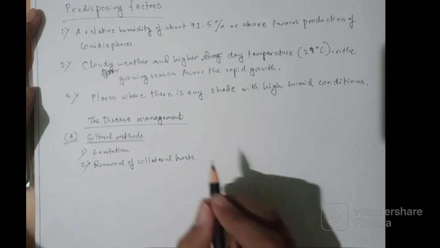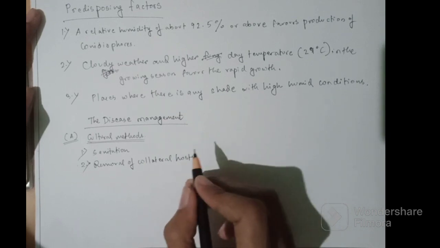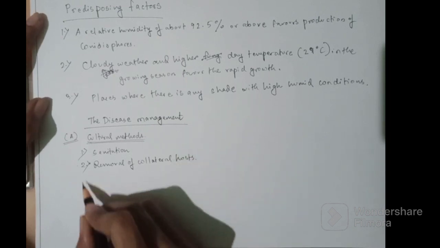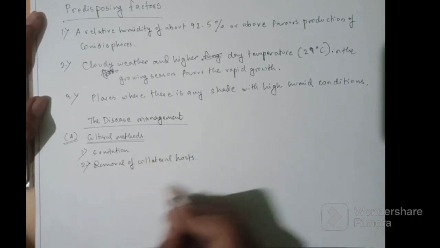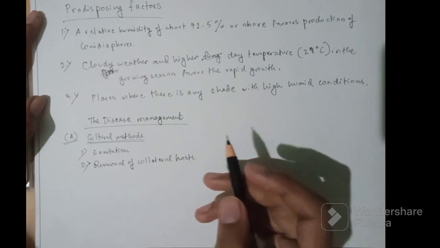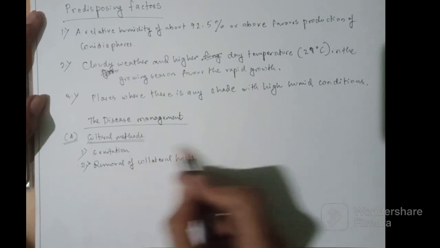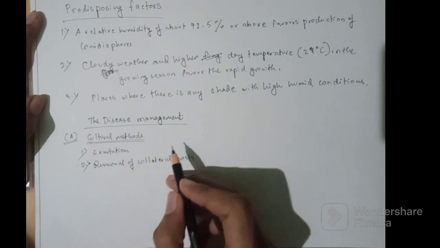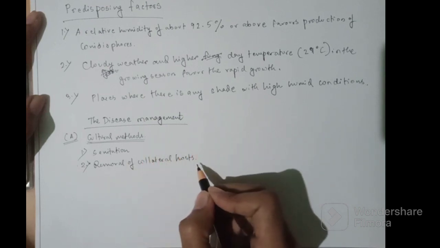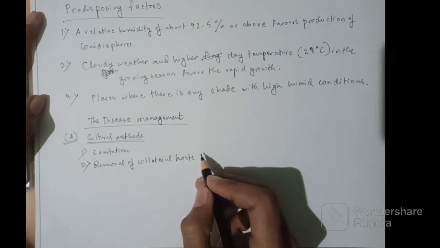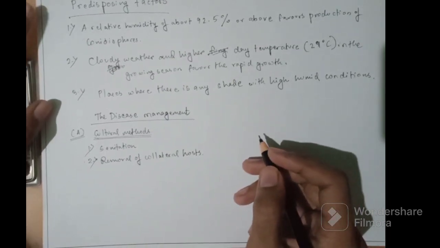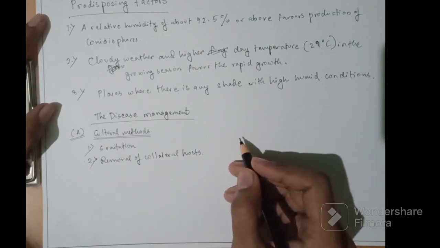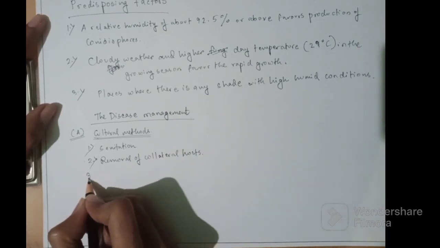This is important because when it is not the season for the rice to grow, the fungi may be present inside the field, in the collateral hosts, growing, waiting for the time when the crops are sown to spread into the primary host. So if we remove those collateral hosts, a high amount of infection can be removed.